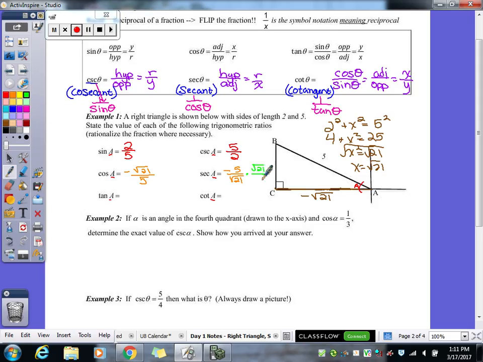We have to multiply top and bottom by radical 21. We can't have a radical down there. We have to rationalize. So negative 5 times the square root of 21 would just be negative 5 radical 21. Radical 21 times radical 21 is 21. So our secant value is actually negative 5 radical 21 over 21.